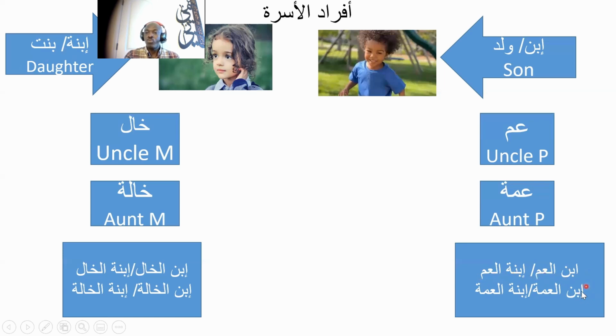Okay, so let's move to your aunt paternal children, your aunt on your dad's side, kids or children. What do we call them? We call them ibn al-amma, so the son of my aunt.